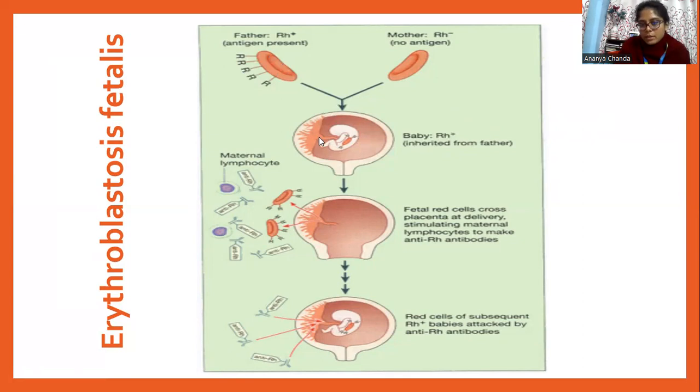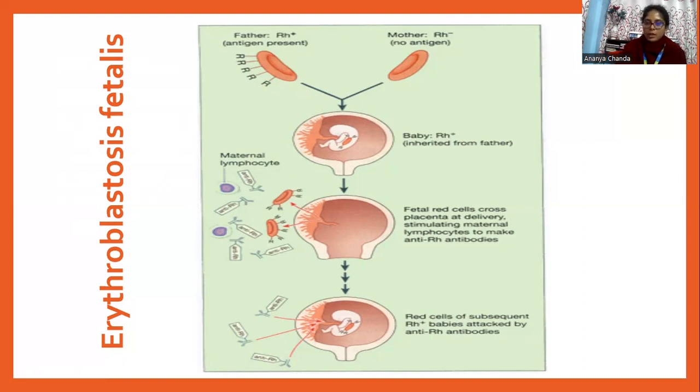So what happens during the first pregnancy? The mother has Rh negative blood, but the baby is carrying Rh positive blood. As I discussed in the previous slide, an Rh negative person doesn't have any antibody. But if they receive any Rh positive blood, their immune system can be triggered to produce antibodies against that positive antigen.